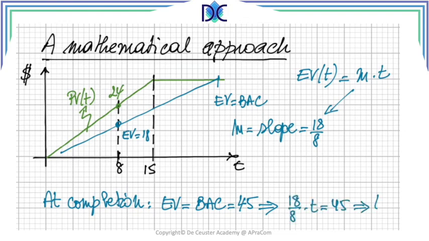So we can say that 18 divided by 8 times t is 45. And when you do this calculation, so you multiply 45 with 8 and divide by 18, you find that the end time, the time where we have created all deliverables, is equal to 20.